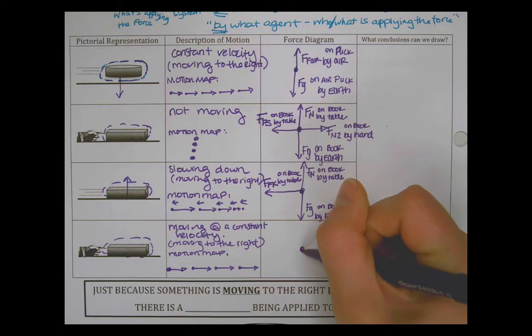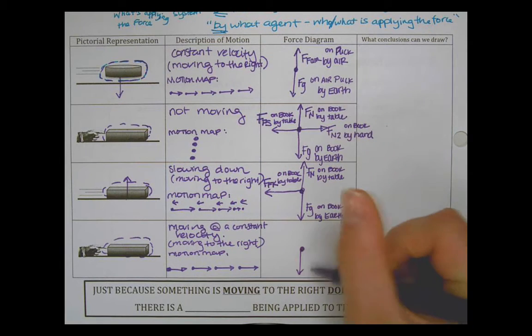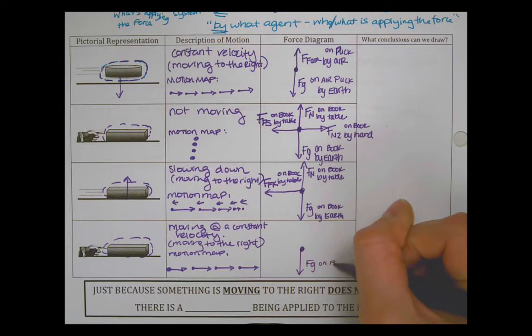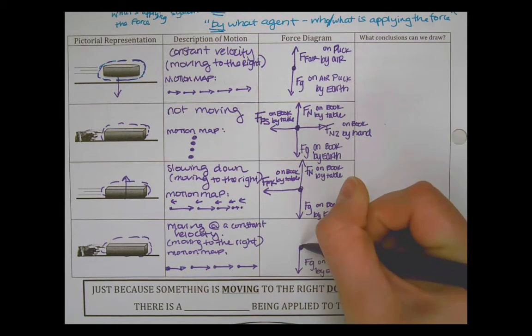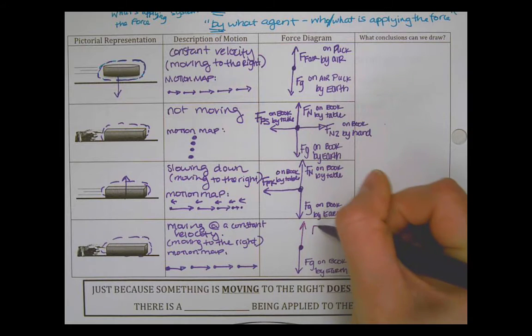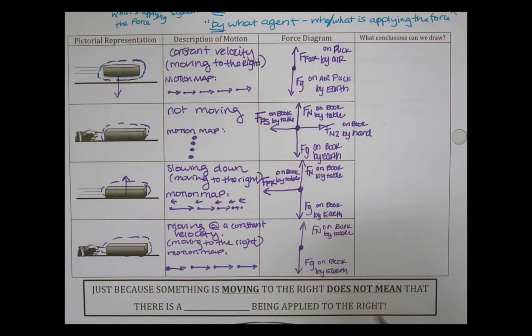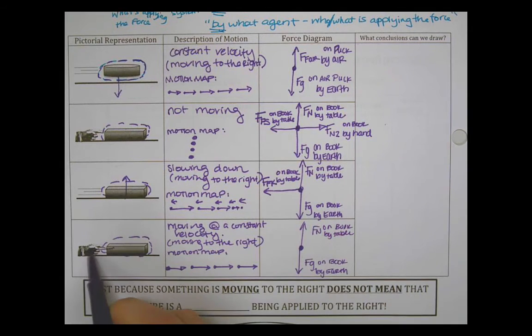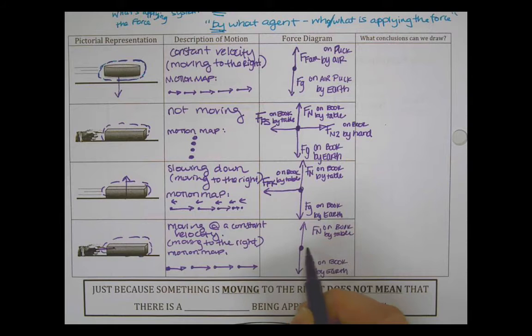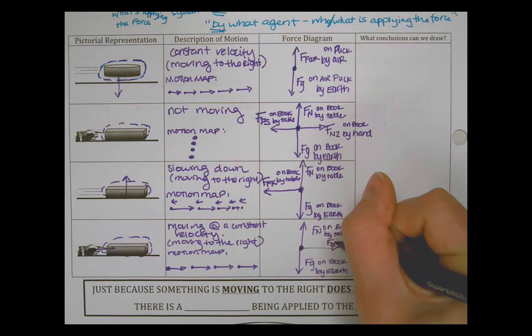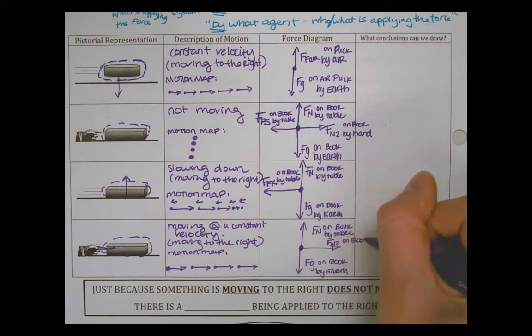So my force diagram, start with force of gravity on book, by earth. It's sitting on the table again, so FN on book, by table. And then obviously you see my hand crossing that system boundary, pushing on it. So FN2 on book, by hand.